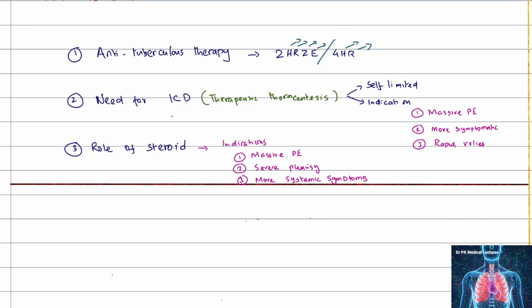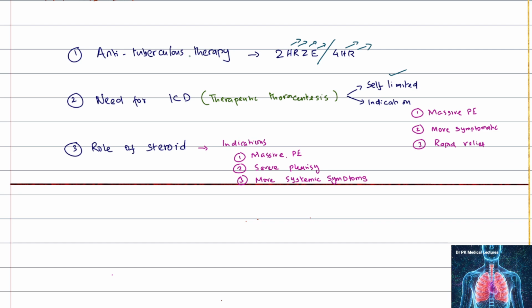Then regarding the need for intercostal tube drainage, that is therapeutic thoracentesis, normally it is not done because it is self-limited. It resolves on its own within a few months without any complications like calcification or organization.